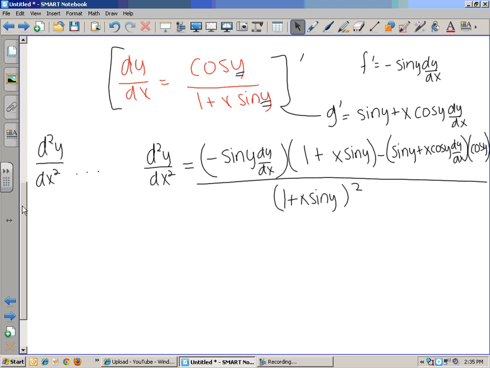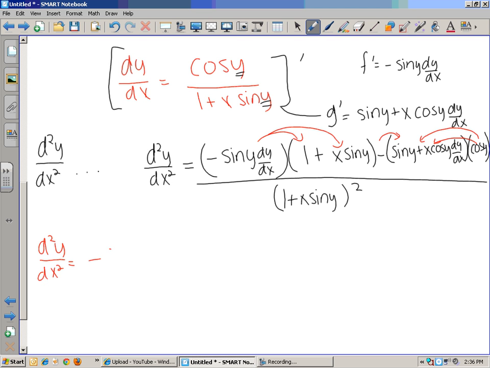Okay, so now in order to isolate my dy/dx thing, I need to pull out some stuff. I need to distribute this. I need to distribute this and then the minus sign. So I'm going to do that. So I'm going to start over here because I'm going to need that space.